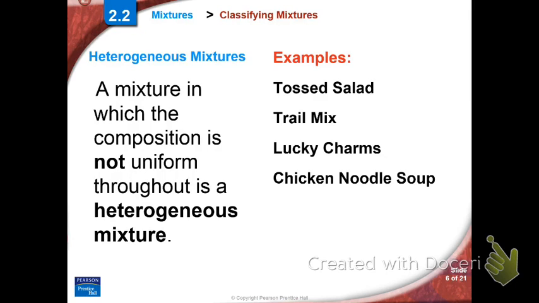In Lucky Charms, you've got the stars, the hearts, the clovers, and the cereal part, another heterogeneous mixture. What are the heterogeneous parts of chicken noodle soup? You might see chicken and noodles and broth, carrots and celery. So a heterogeneous mixture is one that is not the same all throughout.